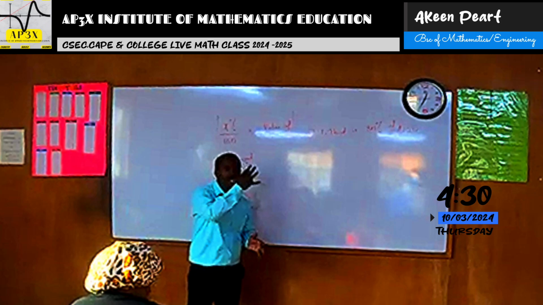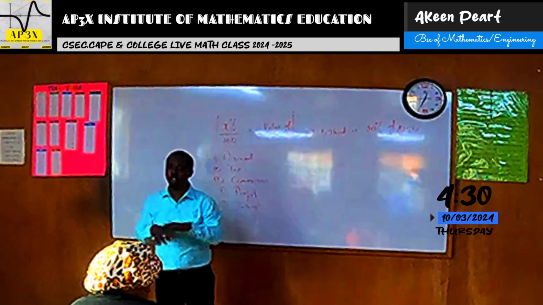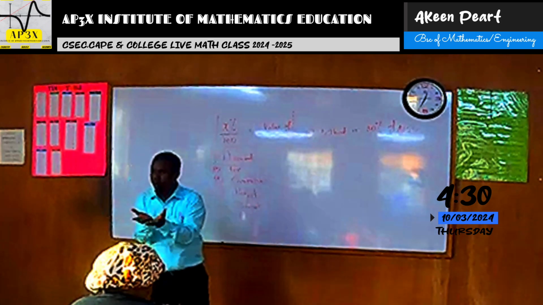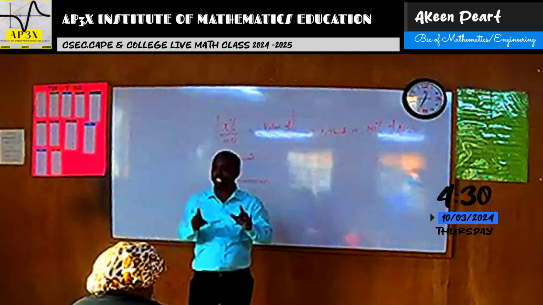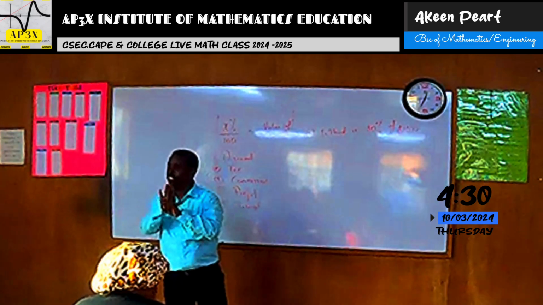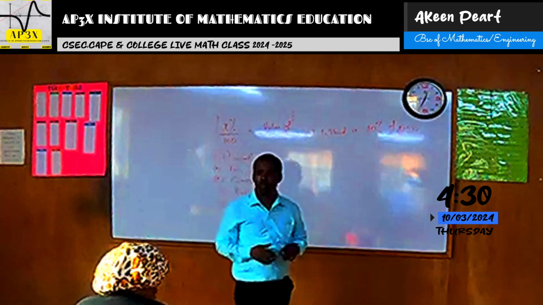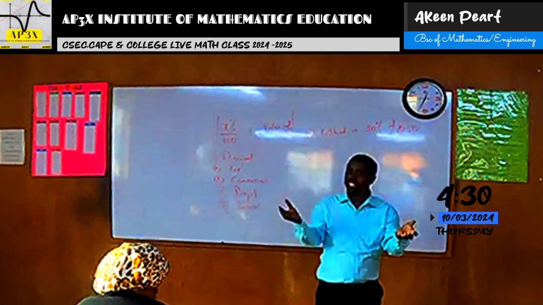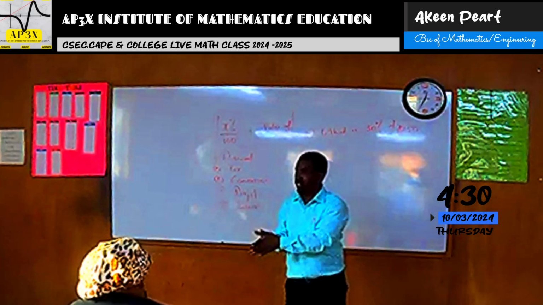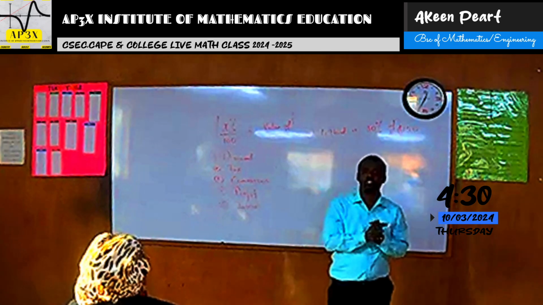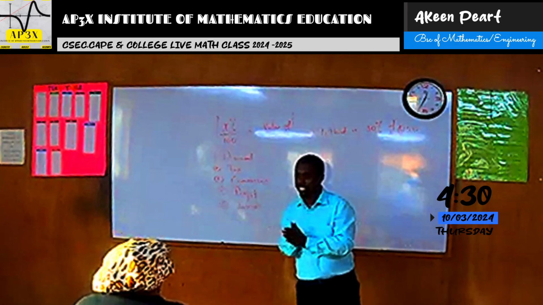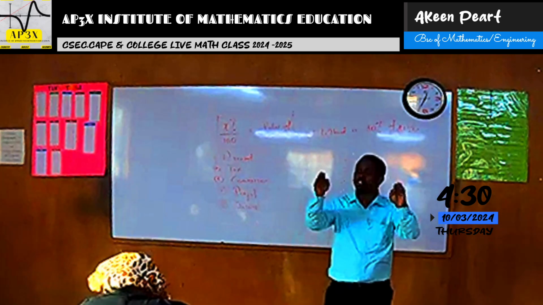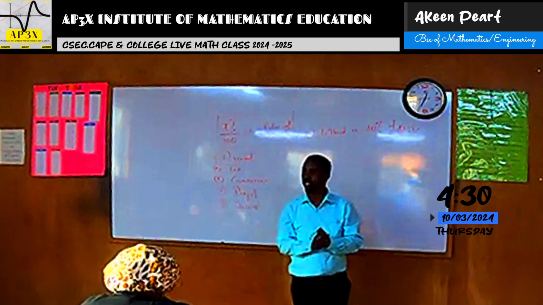Let's talk about some basic percentages. The maximum percentage that anything has is 100%. So if I say to you, I want 50%, I'm technically asking you for half the amount. If I ask you for 75%, I'm asking you for 3/4 of the amount.